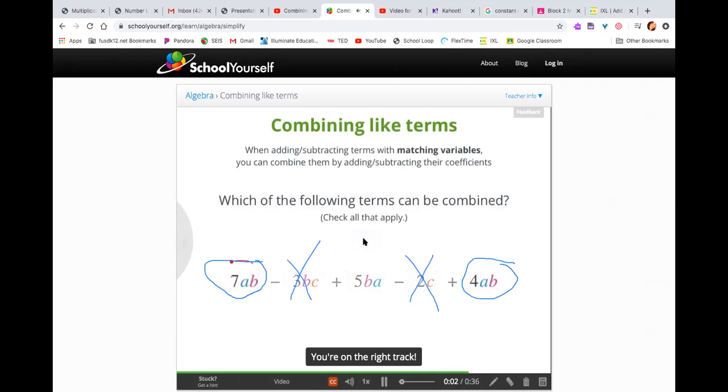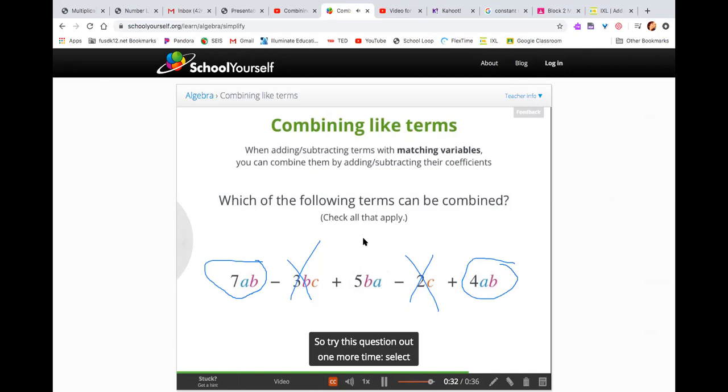You're on the right track. 7AB and 4AB are definitely like terms. They have matching variables. But take a look at this term here, 5BA, which means 5 times B times A. Remember that when you're multiplying numbers or variables together, you can multiply them in any order. So this is the same thing as 5AB. Okay, let's put it back the way we found it, 5BA.